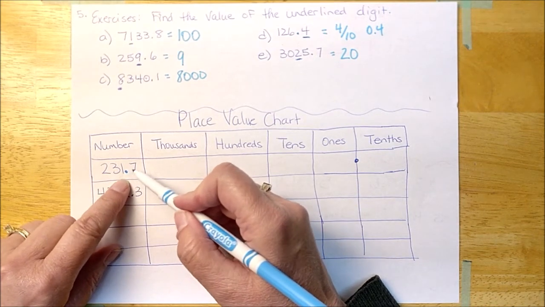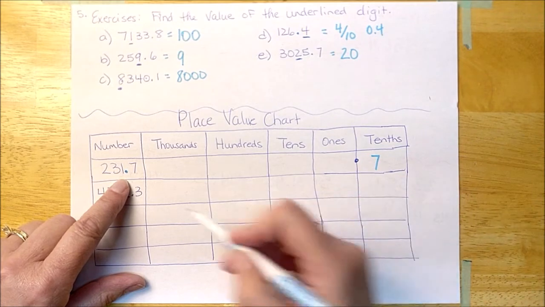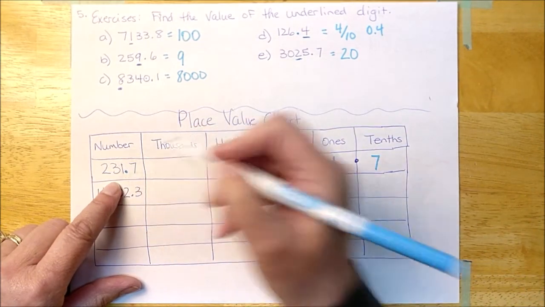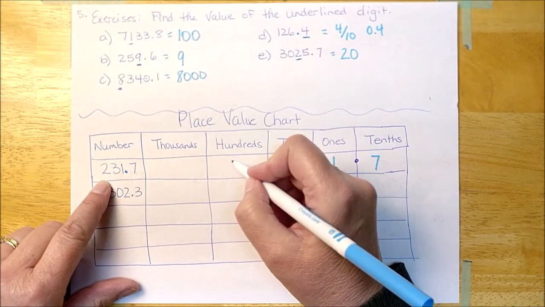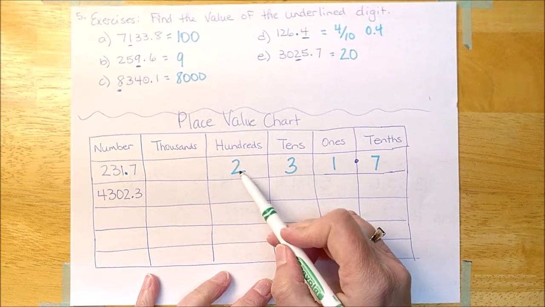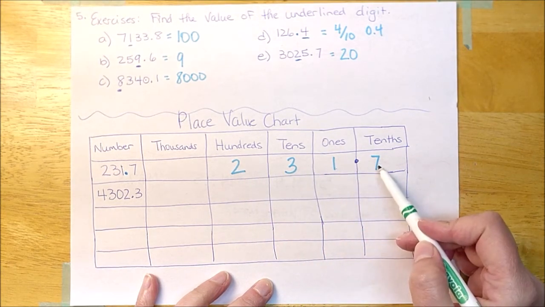The number that comes behind my decimal is the tenths, so it's a 7. So I'm going to put 7 back there. Here's my ones number, it's a 1. Here's my tens number, it's a 3. And here's my hundreds number, and I'm going to put it right there. So notice how the number is still exactly the same order. 2 hundreds, 3 tens, 1 one, 7 tenths.